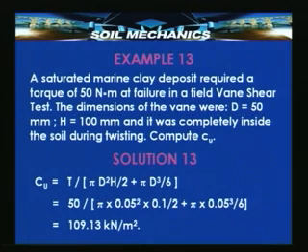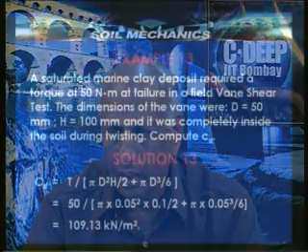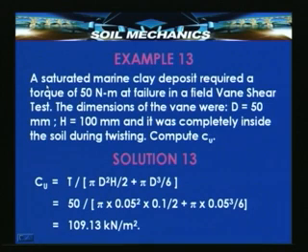Knowing the geometry of the vane and that a typical value of 50 Newton meter torque is obtained at failure, we will calculate Cu. So, the statement of the problem is: a saturated marine clay deposit, that means this test is done in clay as I have been saying, required a torque of 50 Newton meter at failure.